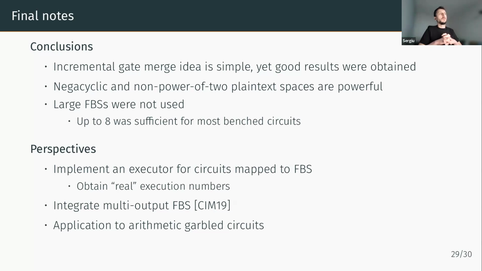Also, as a matter of fact, the larger functional bootstrapping sizes were not used by our heuristic. Maybe if you can better map the circuit to functional bootstrapping and further reduce the number of bootstrappings for the same size, it will be interesting to have functional bootstrapping of larger sizes.